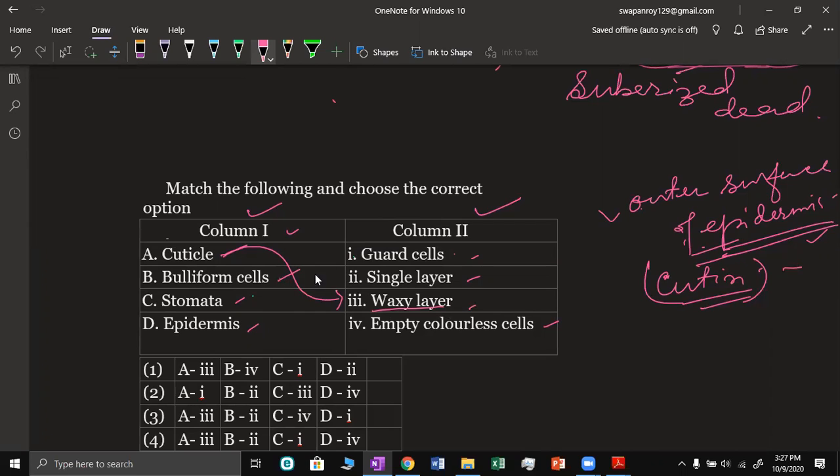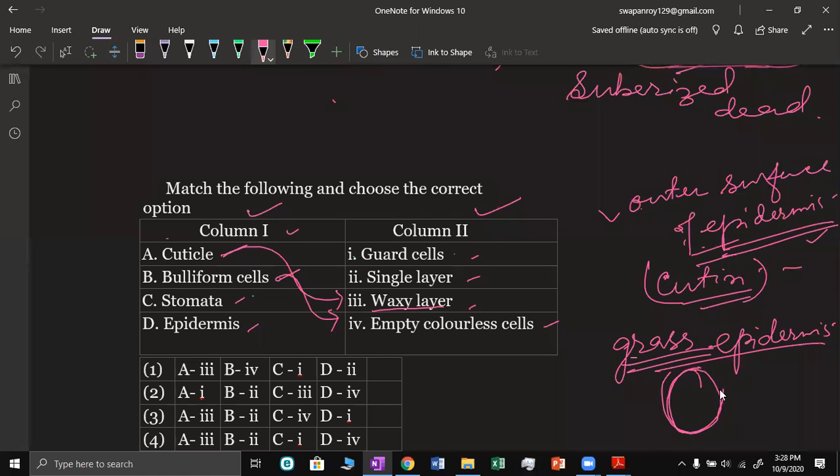Bulliform cells. Bulliform cells are found in grasses, grass epidermis, and some other plants. These are large cells, they are empty and colorless.